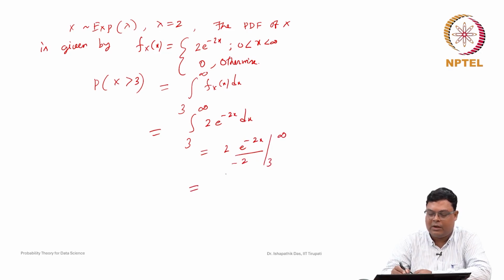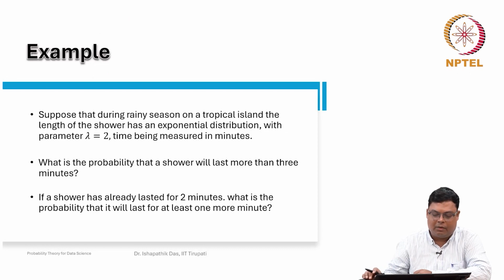At infinity this is 0, and then minus of e to the power of minus 2 into 3 when we put x equal to 3, which is e to the power of minus 6. So, this is the probability that X is greater than 3, that is, the probability that a shower will last more than 3 minutes.